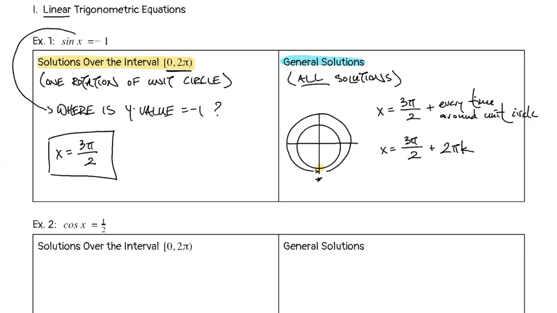We're just layering on this new notation, okay? So we're going to say x equals the solution that you have. So this is our solution. And then this is rotations around the unit circle.